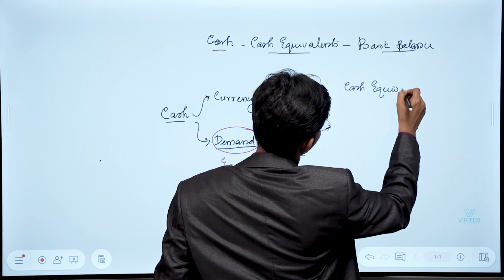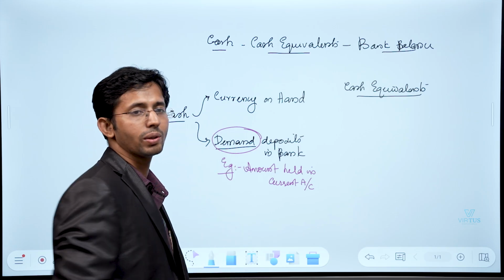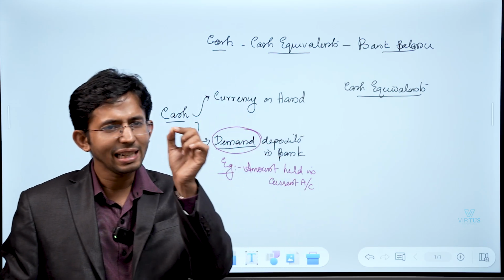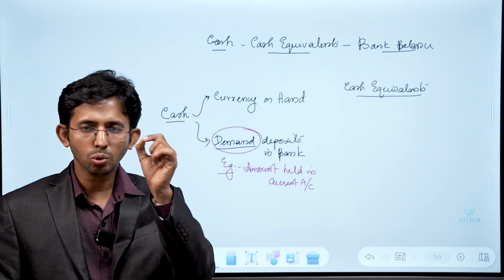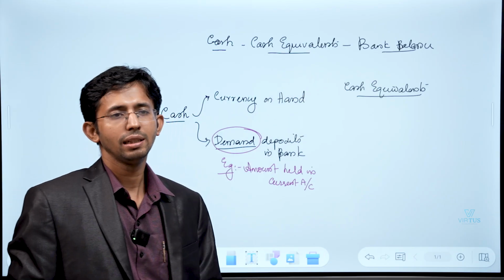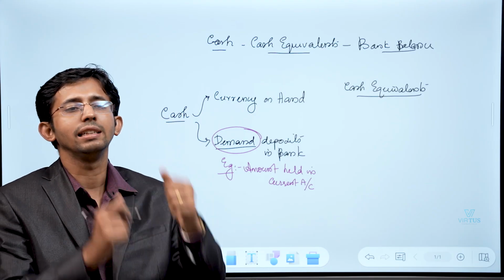There is definitely a difference between cash and cash equivalents. It is not one and the same. As per Ind AS 7, in order to qualify as a cash equivalent, the items have to mainly satisfy three conditions.